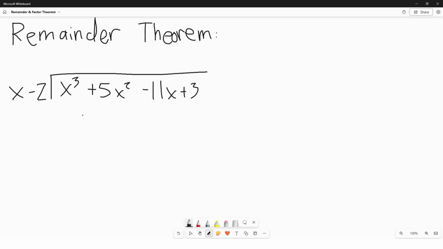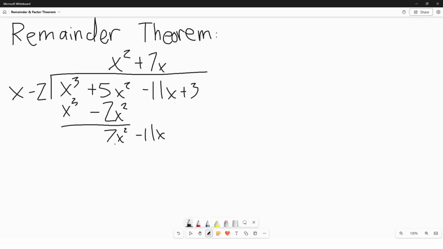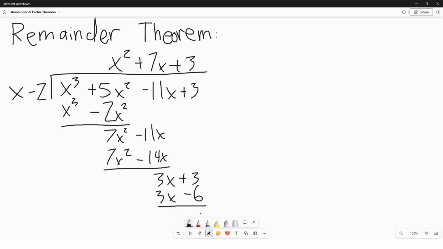So first, let's divide x cubed plus 5x squared minus 11x plus 3 by x minus 2. So x squared at the top, x cubed minus 2x squared is 7x squared. 7x squared minus 14x, you get 3x plus 3 at the top, and 3x minus 6, so the remainder is 9.